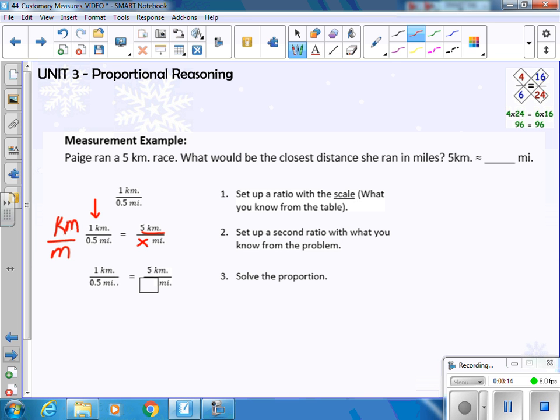So the first thing is to set up a ratio with the scale, or what you know. The second is to set up a second ratio with what you know from the problem, and then put an X for the missing one. Then to solve the problem, as always, you cross multiply first and then divide. So let's solve this one and see what we get. We're going to cross multiply.